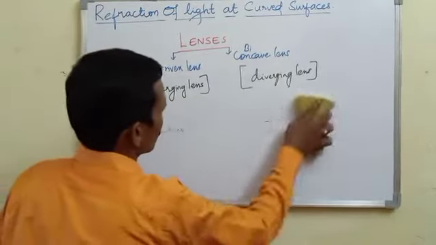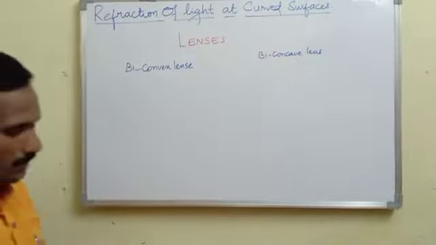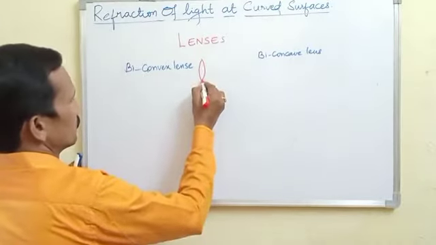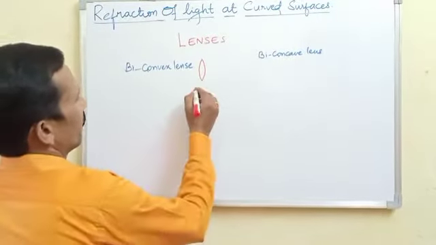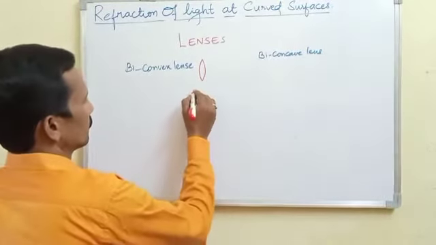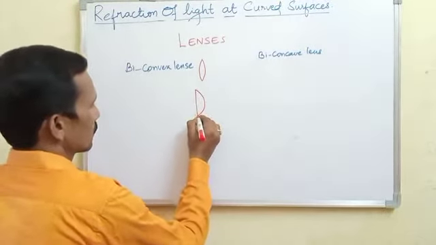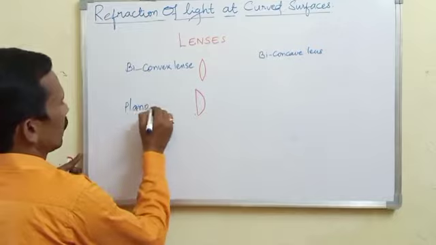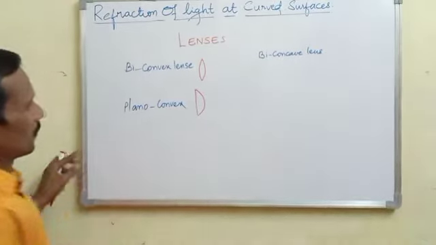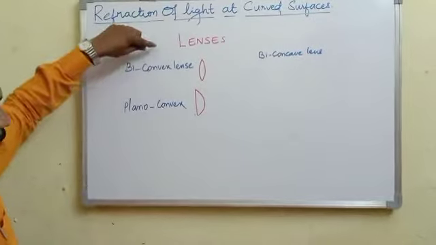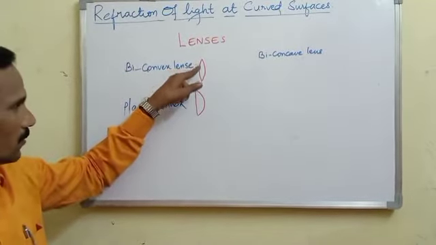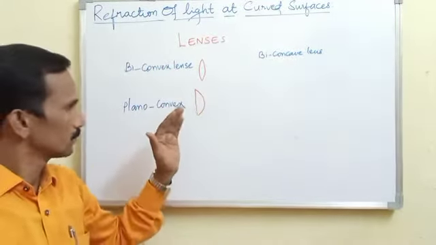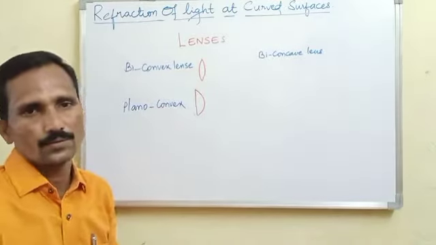Again, this convex lens is divided into types. The converging lenses are of two kinds besides the biconvex lens, which we have already seen. In this one, one side is plane and the other side is curved, bulged outside.